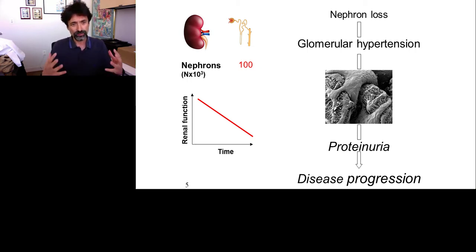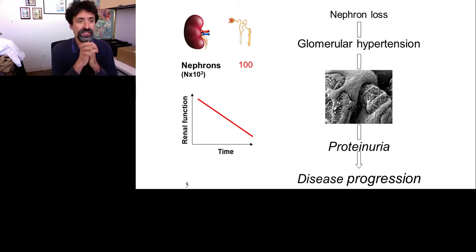And the overall idea of renal disease progression is that progressive loss of functional nephrons leads to the hypertension of the remaining ones. And this initially represents a compensatory mechanism, but over time, this leads to the loss of protein in the urine and progression of the renal disease.